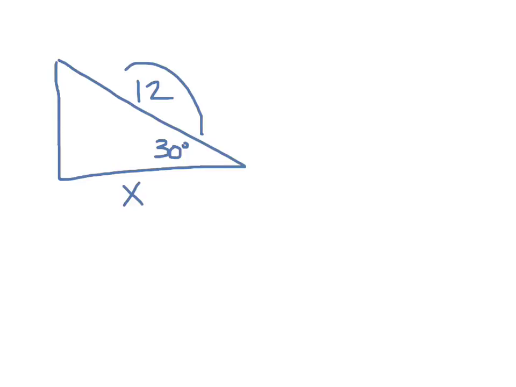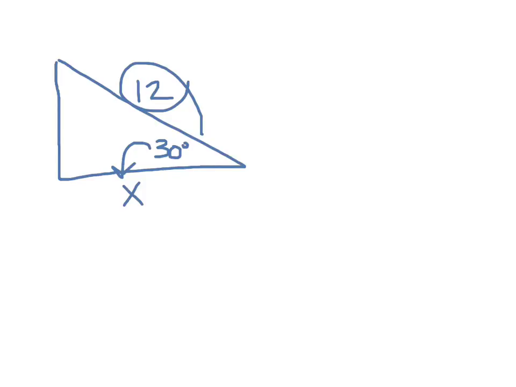This one's the hypotenuse. Why is the 12 the hypotenuse? It's the longest side. Good. And then this one would be the adjacent side. Why is that the adjacent and not the opposite? It's next to it. An opposite is across. Right. So which one of the trig ratios yesterday dealt with adjacent and hypotenuse?